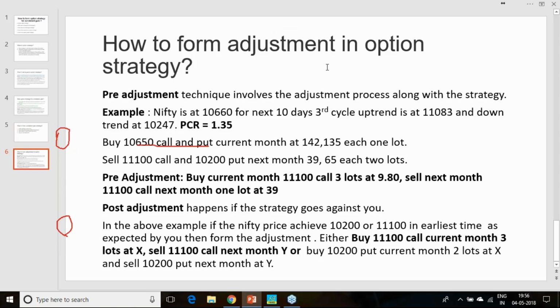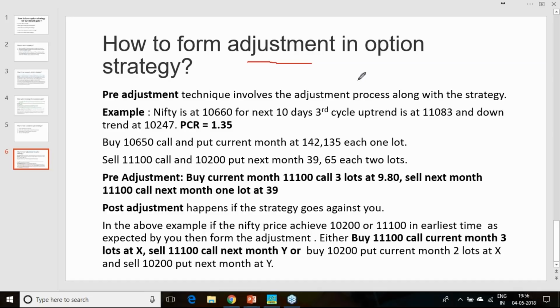So today, coming to the last part of my analysis, which is the adjustment. What kind of adjustment will I do? Option strategy adjustment is itself a very big subject, and it requires a lot of skill. When I talk about adjustment, it has only one objective.